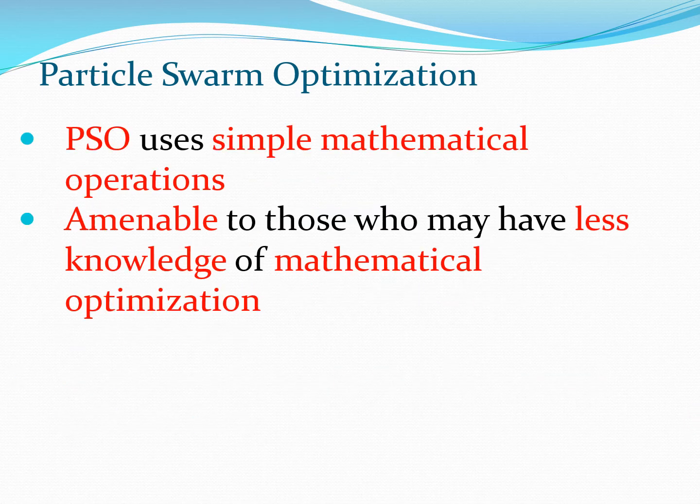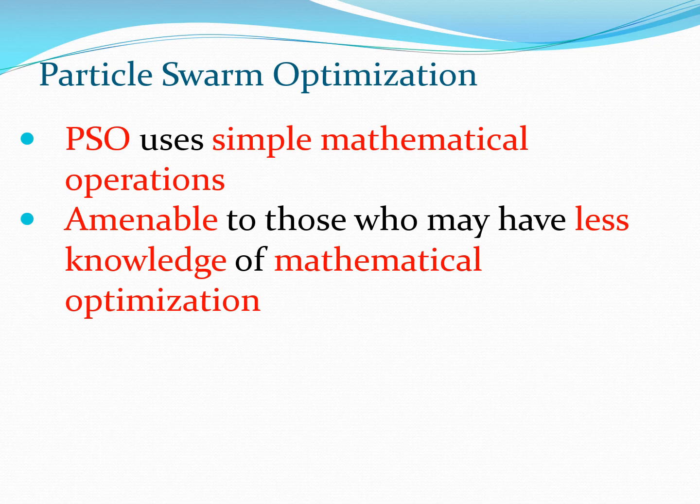One of the advantages of PSO is that it uses very simple mathematics. You will not see any exponentials here like you saw in the SA. You will not see any binary real encoding decoding kind of problems which we saw in GA. It's actually very simple: numbers which you add and multiply.